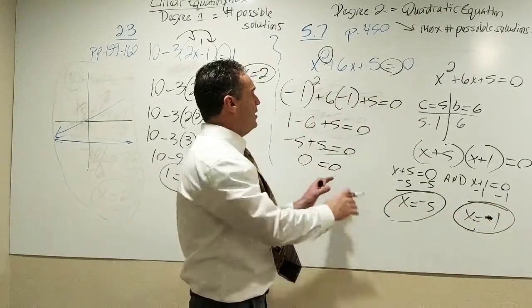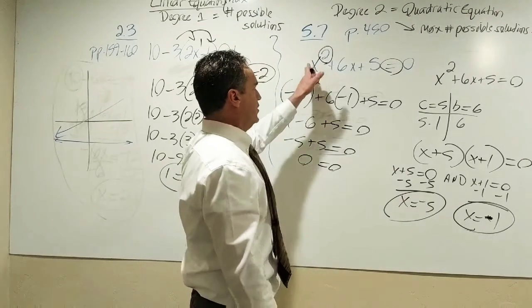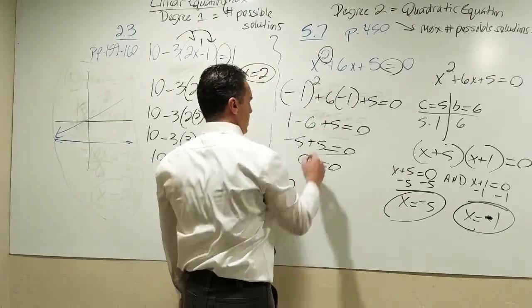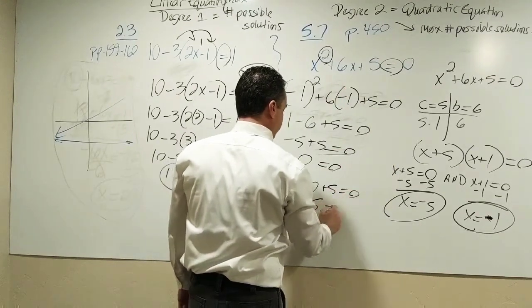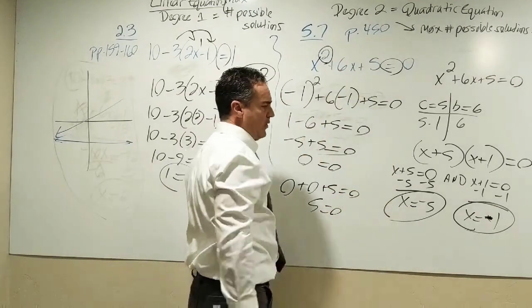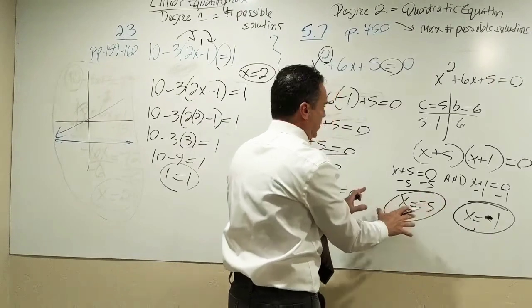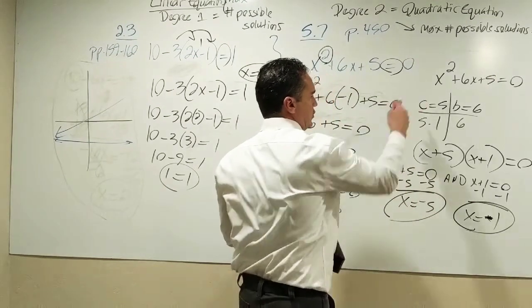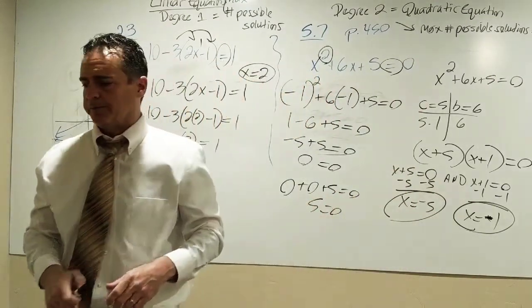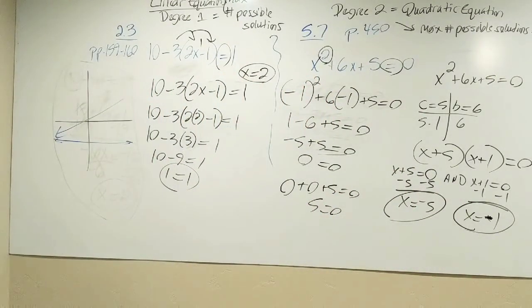Now if we plugged in any other numbers, like let's put 0 in. 0 squared is 0. 6 times 0 is 0, which would make plus 5 equals 0. We'd have 5 equals 0. It's not true. 0 is not a solution to that. We plug any other number besides those two in, it's not going to work. But those two work because those are the two solutions to that polynomial equation. All right.